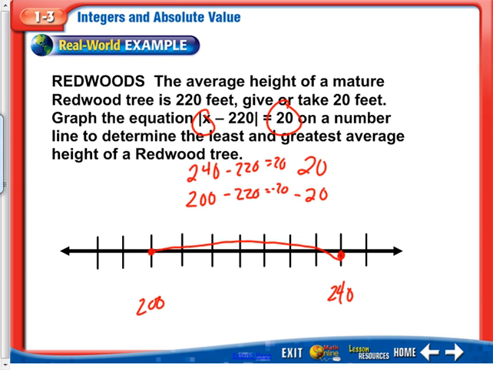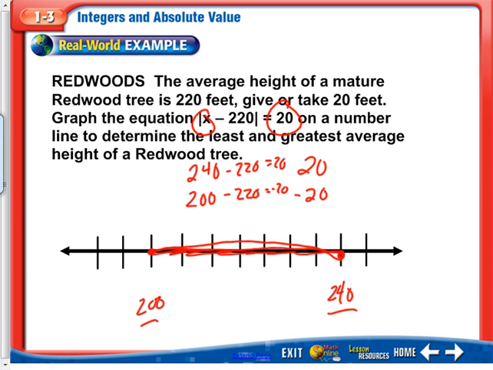Okay, so as long as x fits in this part of the graph, then it would work because it says give or take 20 feet. So that kind of means it could be in between because it's give or take 20 feet. Obviously, if it had to be exactly 20 feet, then you would only have the answers of 200 and 240.